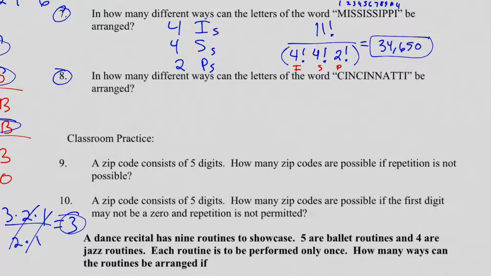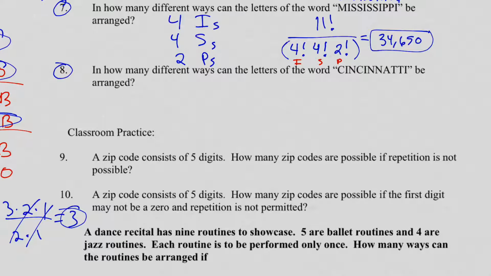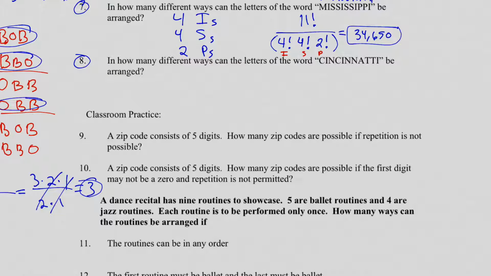Okay. So let's see here. Let's do one more. So Cincinnati, how many C's are there? 2 C's. We have a bunch of I's. How many I's? 3. How many N's? 3 N's in Cincinnati.